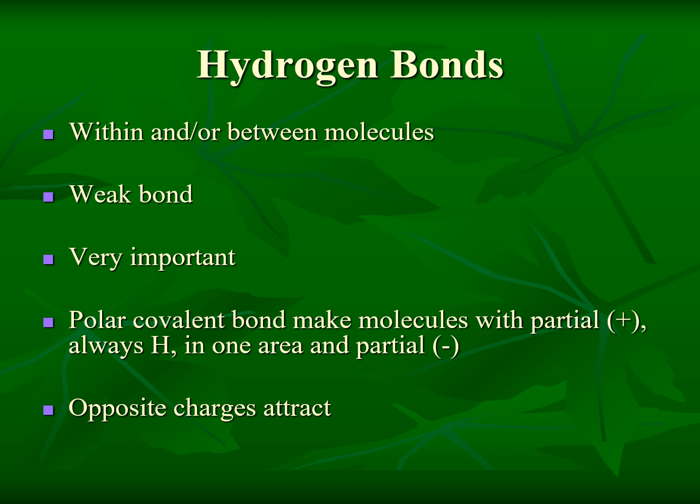It's a weak bond, however, it's very, very important. Because the polar covalent bonds have that unequal sharing that leads to partial positive and partial negative areas, then those regional partial charges, opposite charges, will attract each other, and that's what forms the hydrogen bonds.